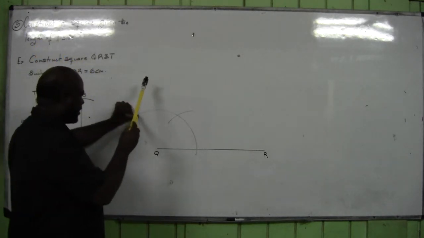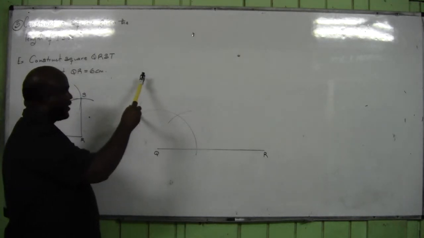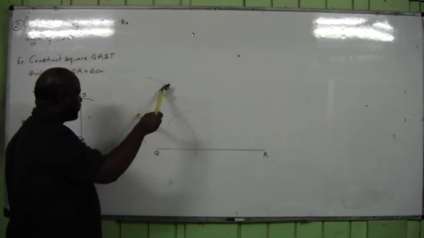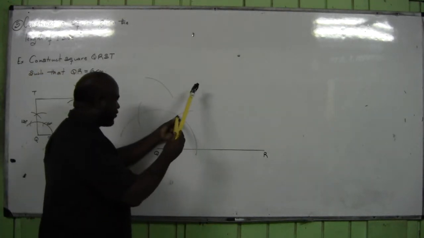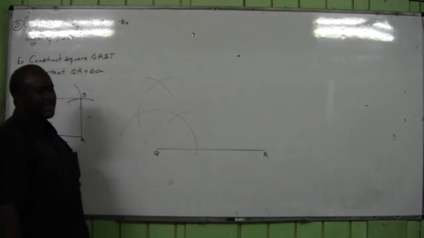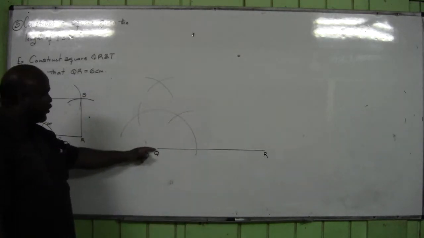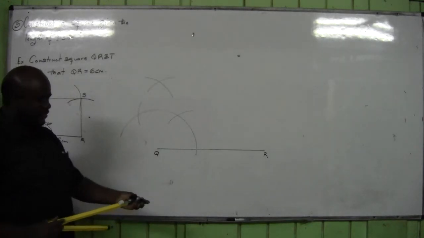I move the metal tip and I put it at 120. And I scribe an arc. Then I bring it back to 60 degrees and I scribe a second arc to intersect that arc. A line from Q through here will give me 90 degrees.